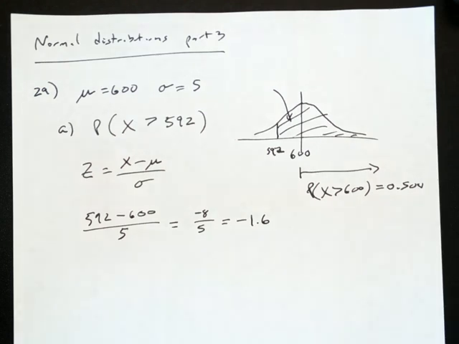It's negative since I'm on the left, but my table only deals with numbers that are on the right. But because of symmetry, the area on the right and the area on the left are the same. So if I know the area from my table that goes with a positive 1.6, I have this answer.